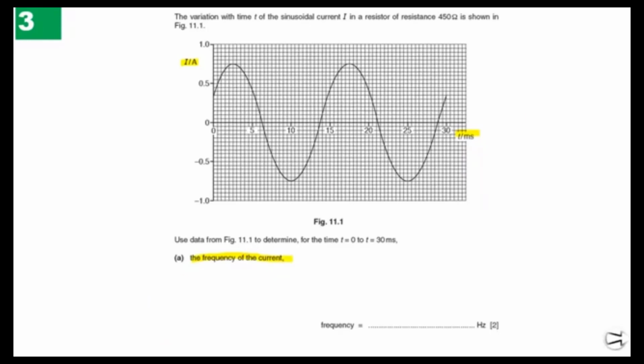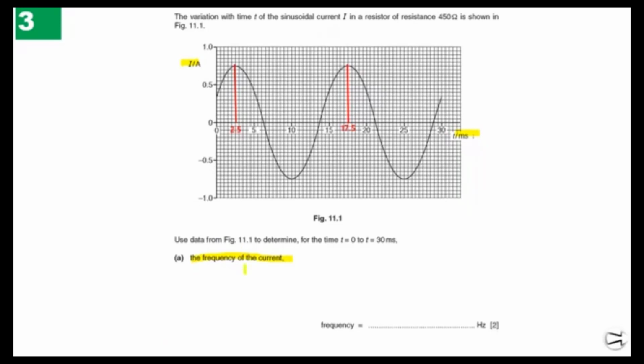So first of all, let's try to find the time period. As you can see here, I already labeled this time. So time here is 2.5 and time here is equal to 17.5 milliseconds. So we can calculate the time for one complete cycle. Simply means that time taken will be equal to time period.